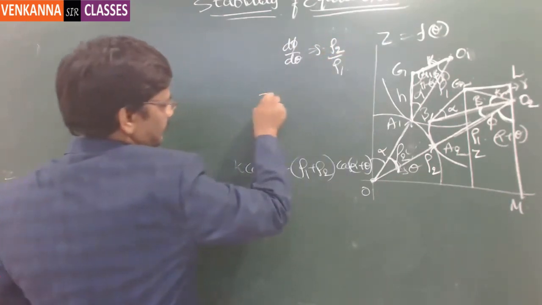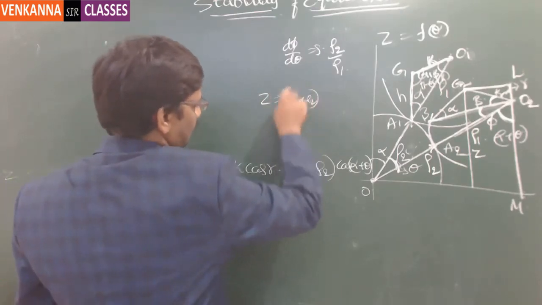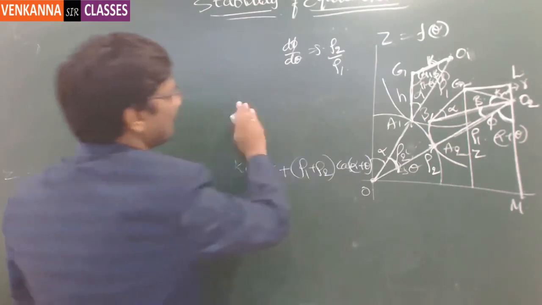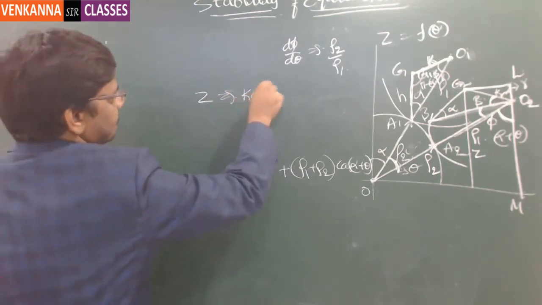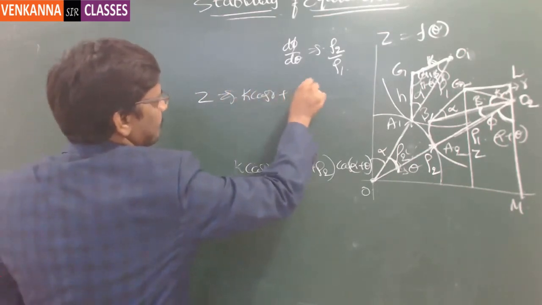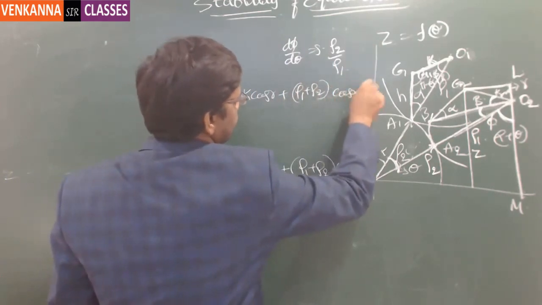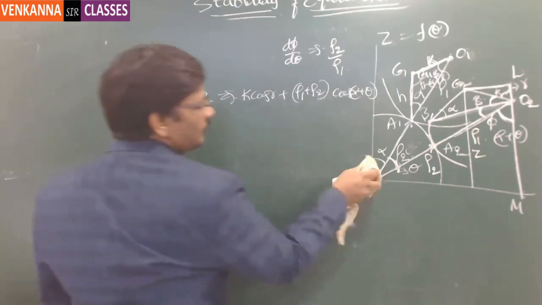And another relation is z can be expressed as (rho 1 plus rho 2) times cos(alpha plus theta). These two relations we have got are very, very crucial for us.